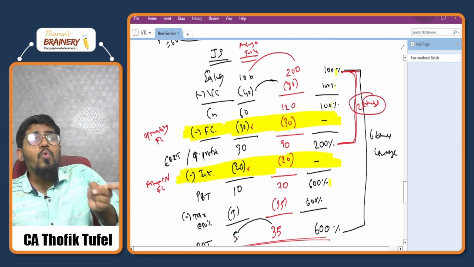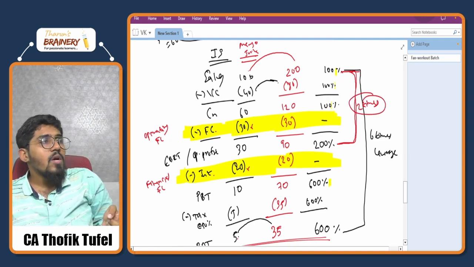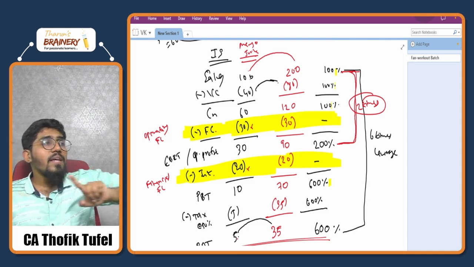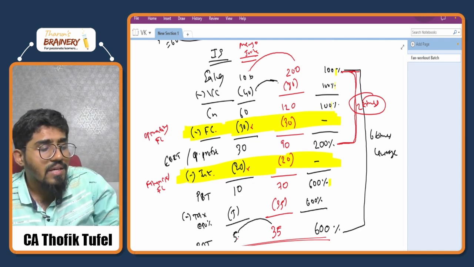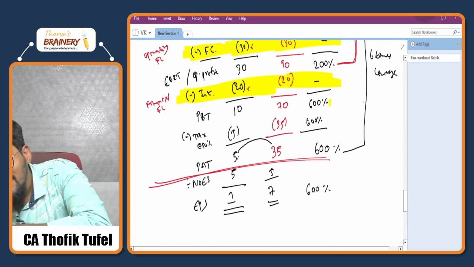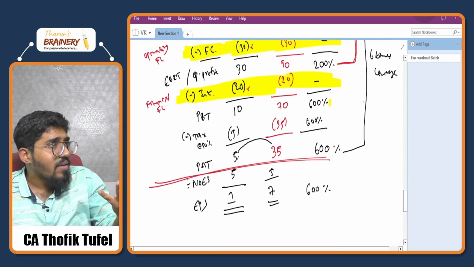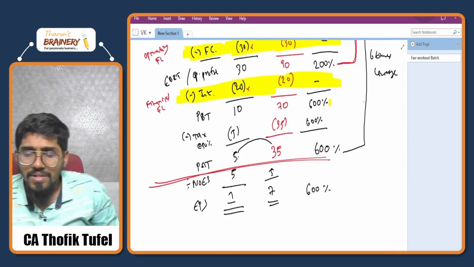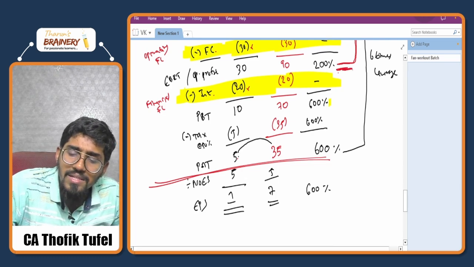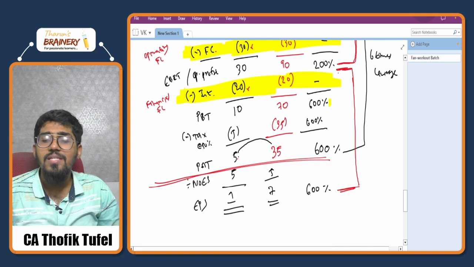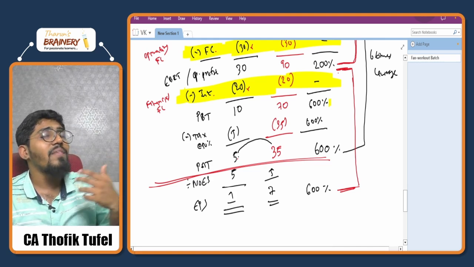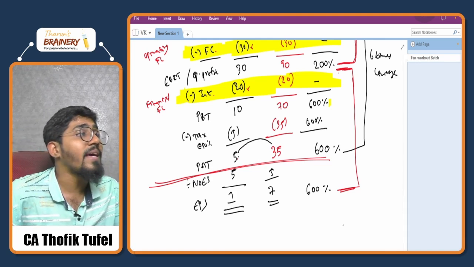Now forget sales. A 200% increase in operating profit is increasing my EPS by 600%. So a 200% increase in profit has a 600% increase in EPS. 600 divided by 200, there is a 3 times leverage.